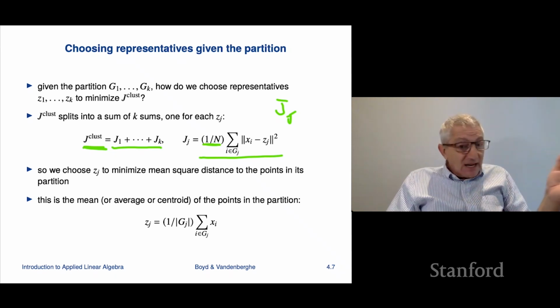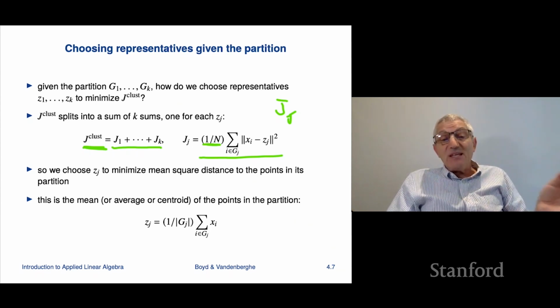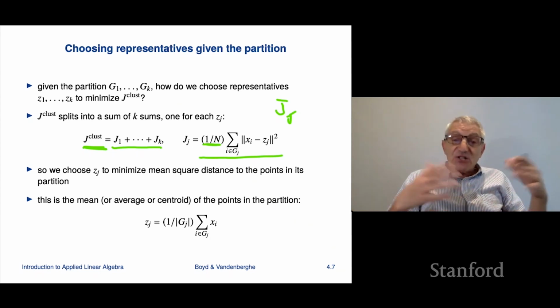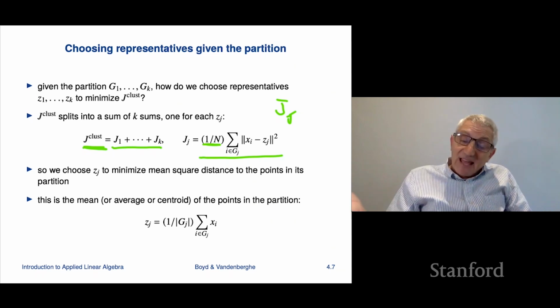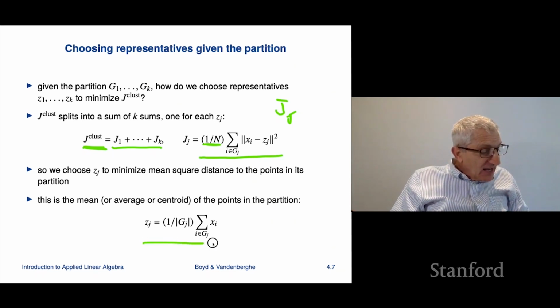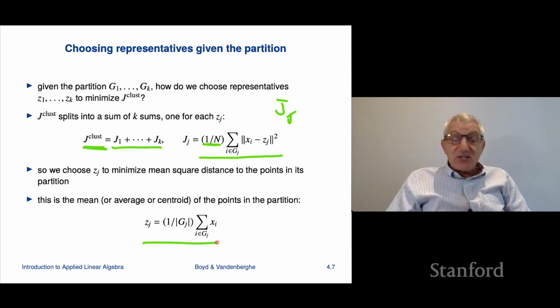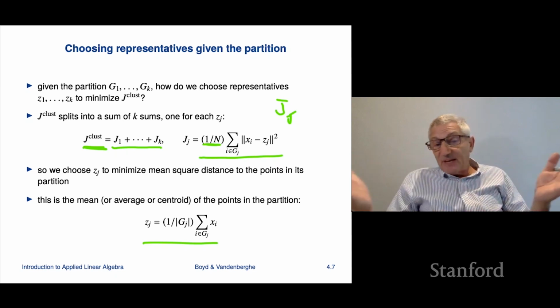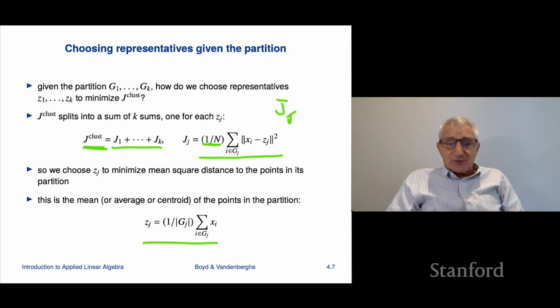It's the mean. In other words, if someone says, how do you find a vector that minimizes the mean squared distance to a set of other vectors? You simply average all those vectors, and that's the solution of that problem. Okay, so that says z_j, the representative, is literally the average of the vectors in its group. Again, this is completely natural.